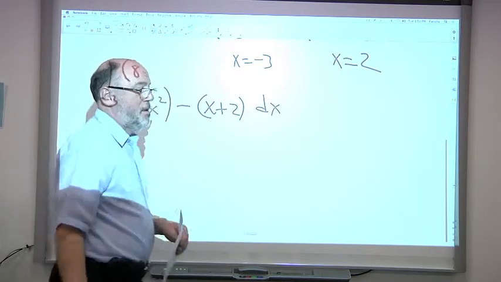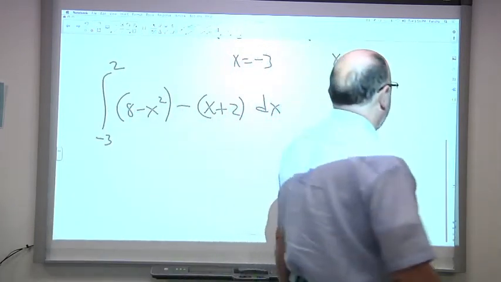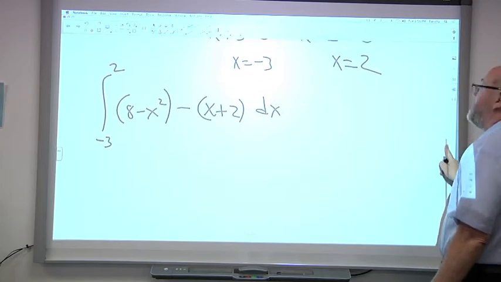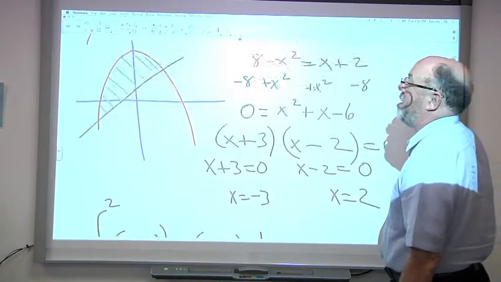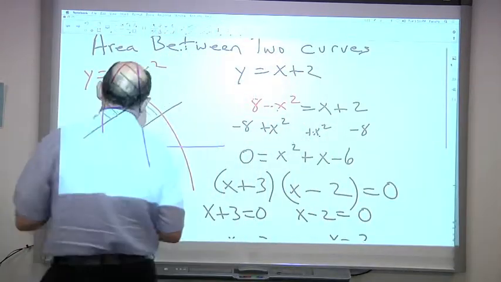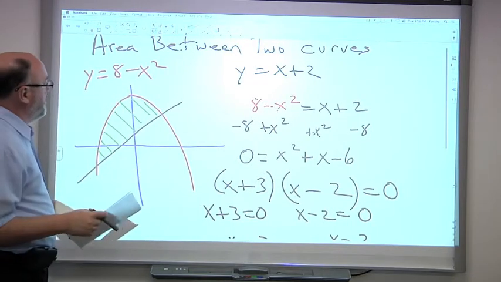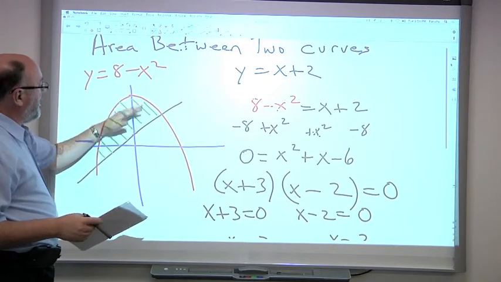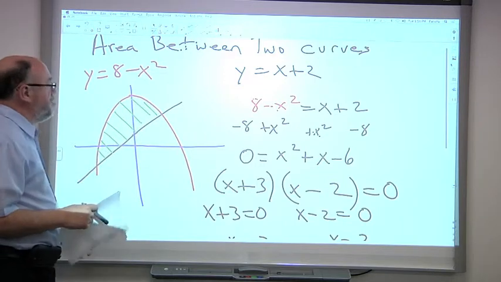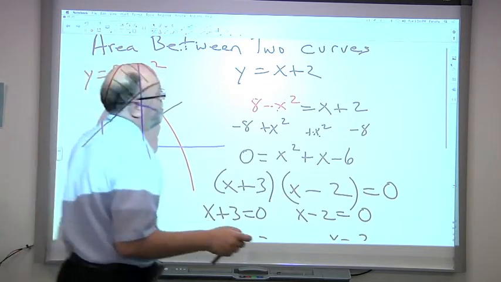Right? In terms of how you decide which one it is, you look at this, it's the quadratic function, this curve, which is basically holding in the area. So I'm going to do the quadratic curve, and then I'm going to take out that other piece due to my linear function. Right?